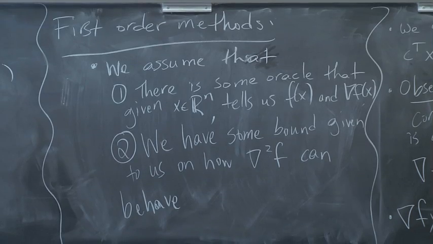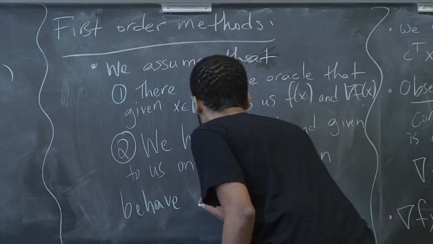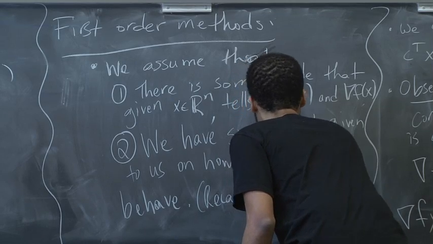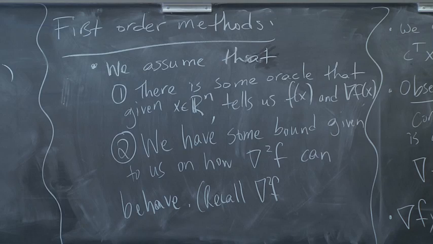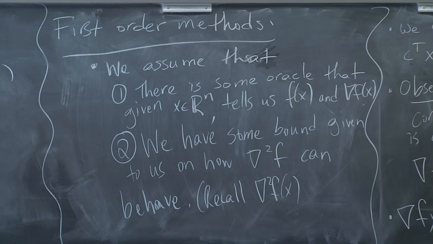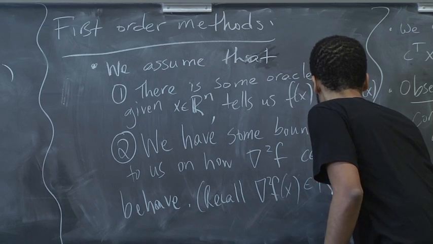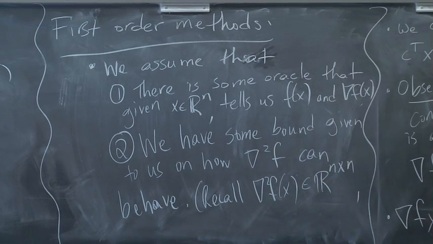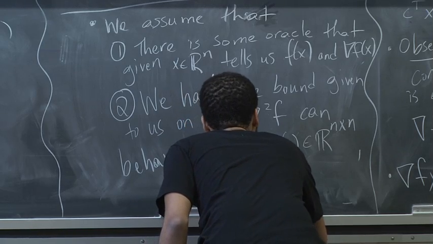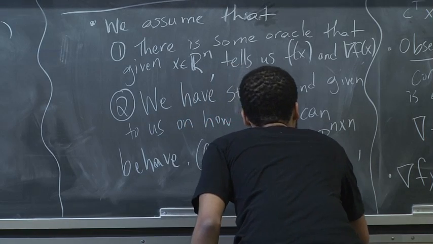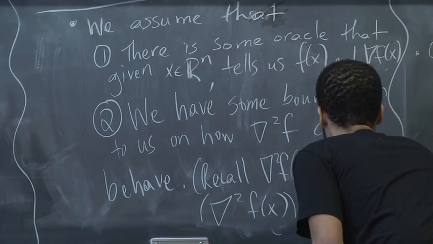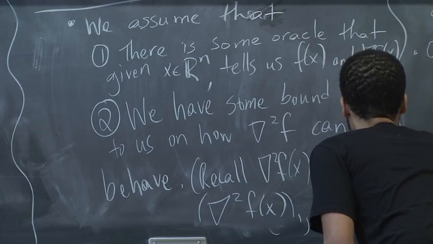Let me remind you that the Hessian at any point x is an n by n matrix where the ij-th entry, del squared f of x, ij, is equal to d squared over del xi del xj of f of x.